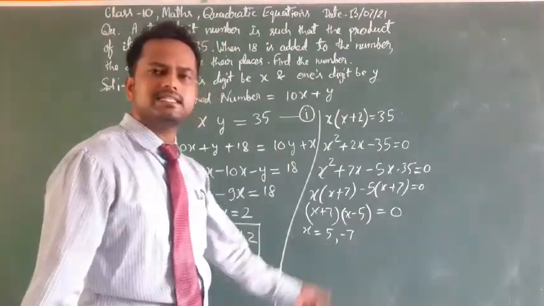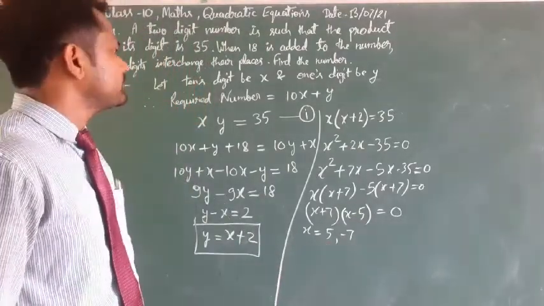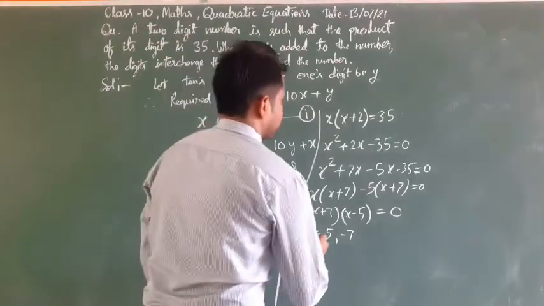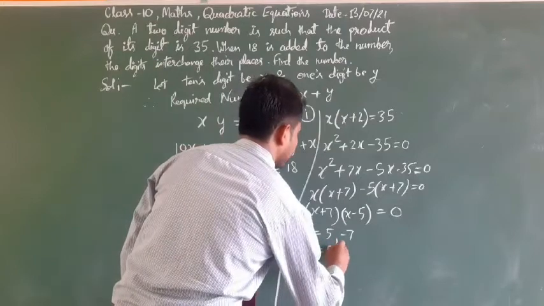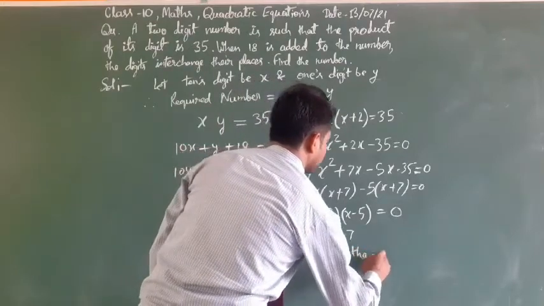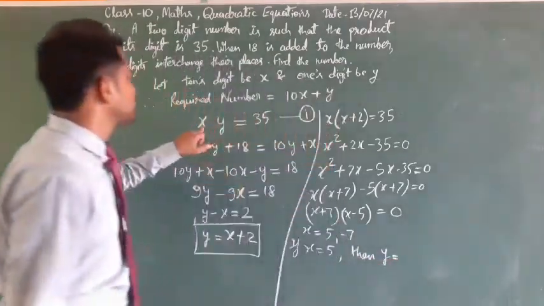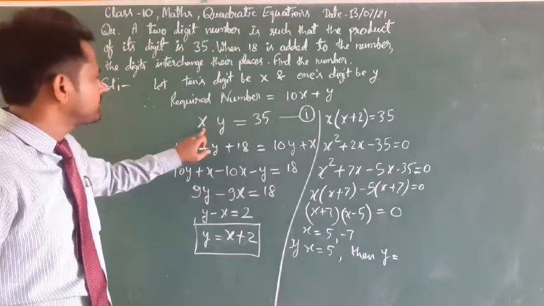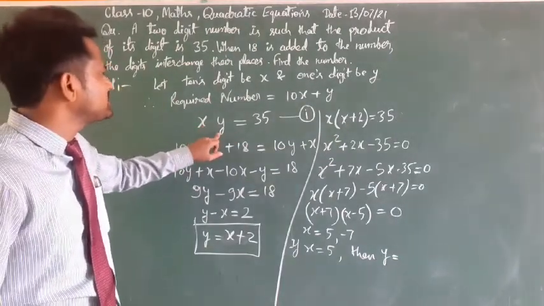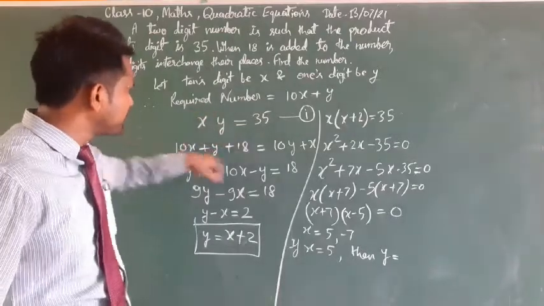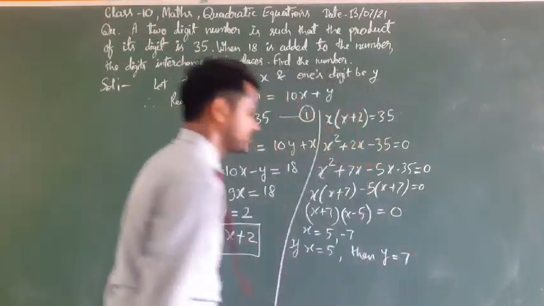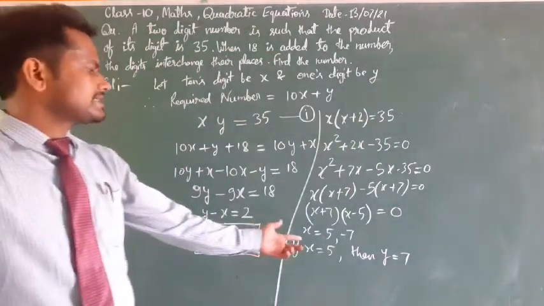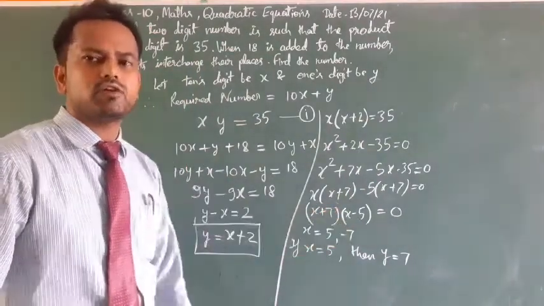If we take x is equal to 5, then y is equal to 35 by 5, that is 7. So we get x is equal to 5 and y is equal to 7.